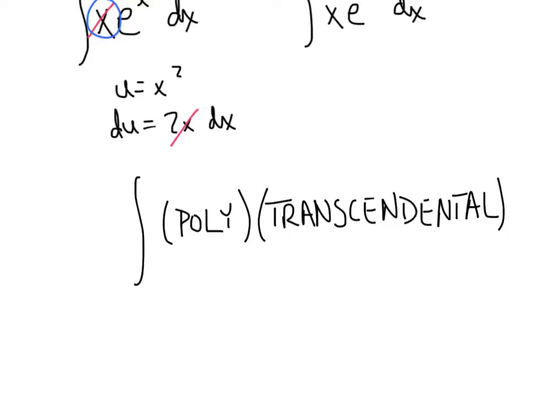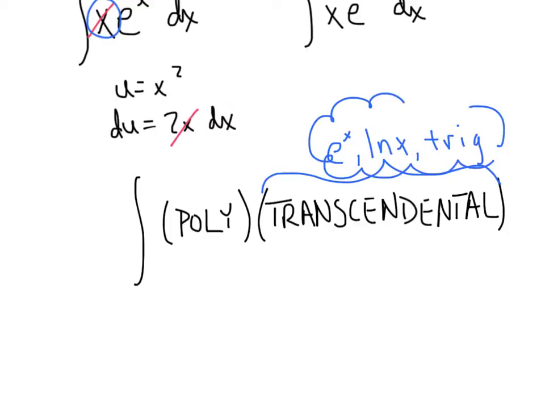Now you're wondering, what in the world is a transcendental function? I've never heard that phrase before. Well, it's basically anything that's not a polynomial. Think of transcendentals as non-polynomials. You know, something like an exponential function or a natural log function or some kind of trig function. They all fall into this oddball category called transcendentals. So a polynomial is, of course, something like x squared.